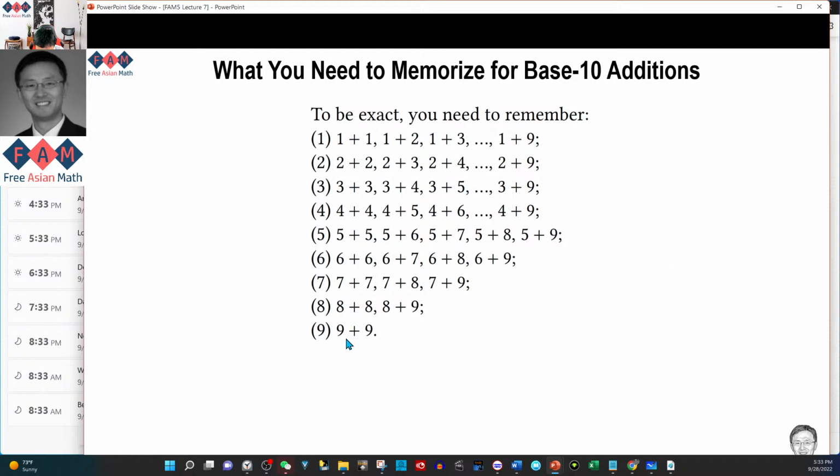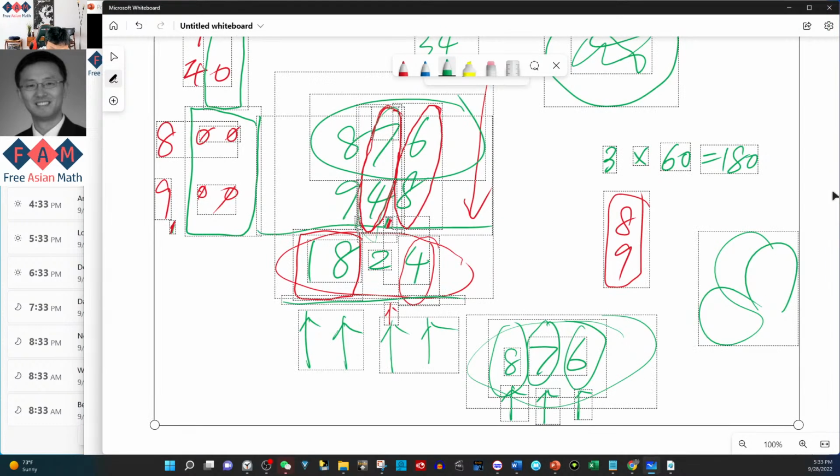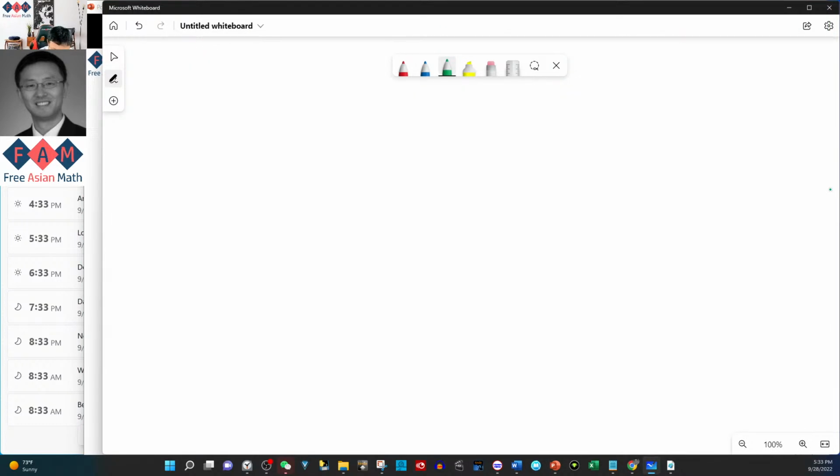So this is the first one. The first row you have 9 facts. The next one you have 8 facts. The third one you have 7 facts. So the total number of addition facts you need to memorize is 9 plus 8 plus 7 plus so on down to 1. And from the homework problem, you know there's a quick way to do this.